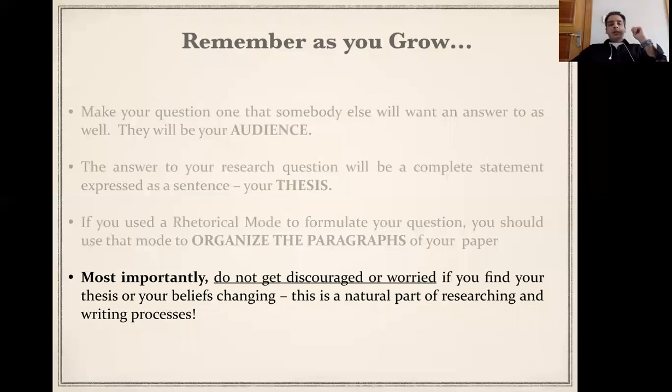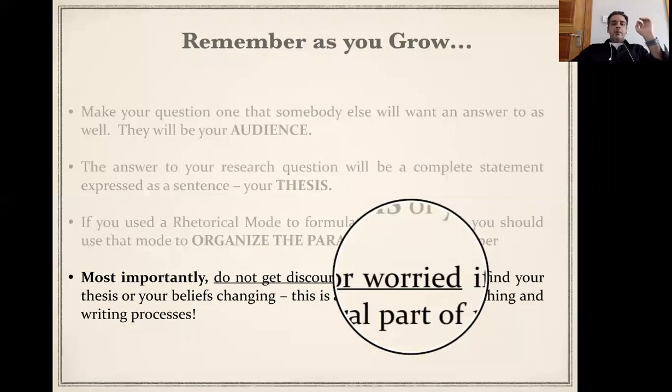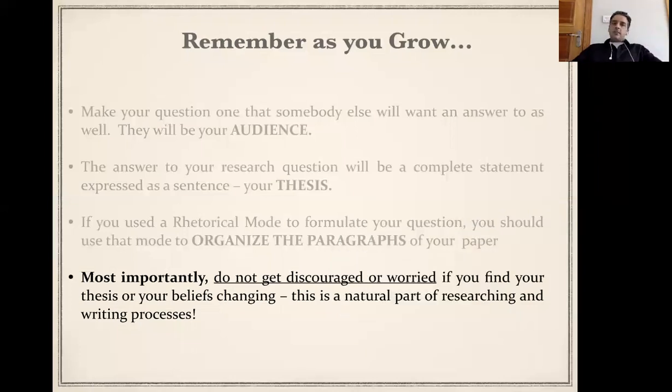And most importantly, never get discouraged or worried about anything that happens in research. This is very important because this is a process in which you do not know what the outcome would be. There is a word we call null hypothesis, and a word we call hypothesis.